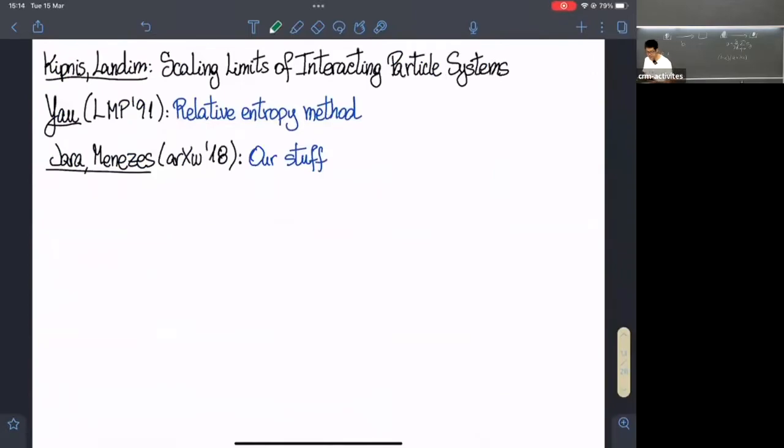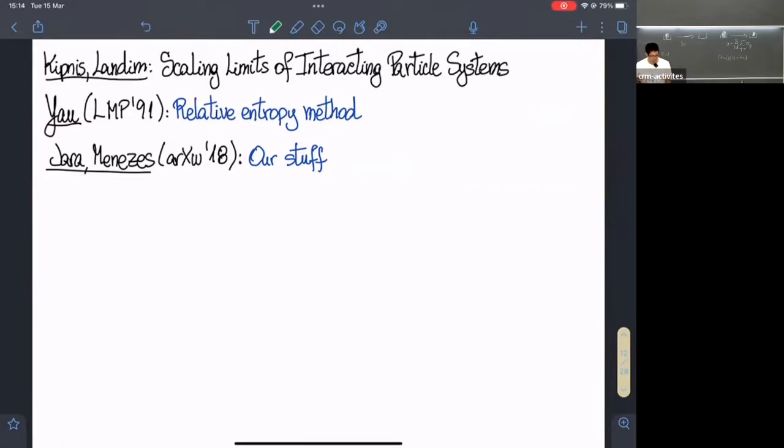Okay, so extra references. If you want to know everything about interacting particle systems and their scaling limits, you can go to Kipnis and Landim's book, Scaling Limits of Interacting Particle Systems. Then the relative entropy method was introduced by Guo, Papanicolaou, and Varadhan in '88, and by Yau in '91 in a paper in Letters in Mathematical Physics, and most of what I'm going to present to you now, I have taken from the PhD thesis of Otávio Menezes.